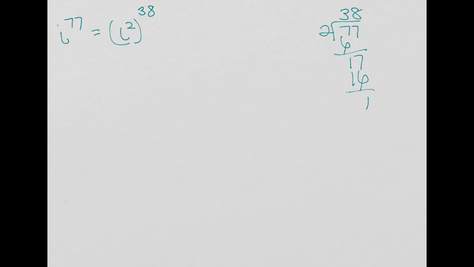That gives me 76. There's 1 i left over. So I've got negative 1 to the 38th power times i. And this time our exponent is even. So that means this is going to be a positive 1. And a positive 1 times i is just going to be i.